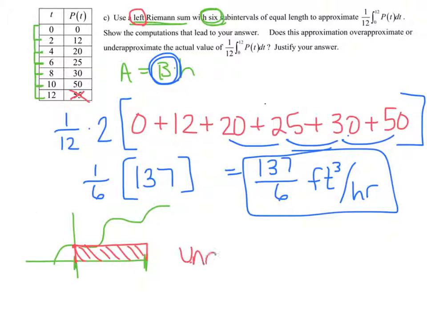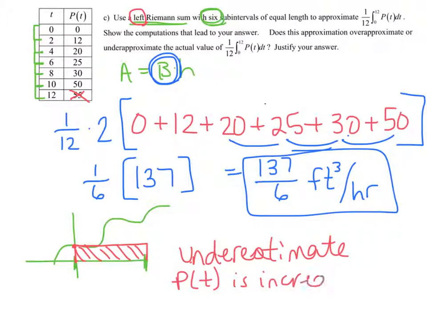So we would say an underestimate. And why would we say that? Justify your answer. Because this is an increasing function. So because P of t is increasing. And that would be our justification.